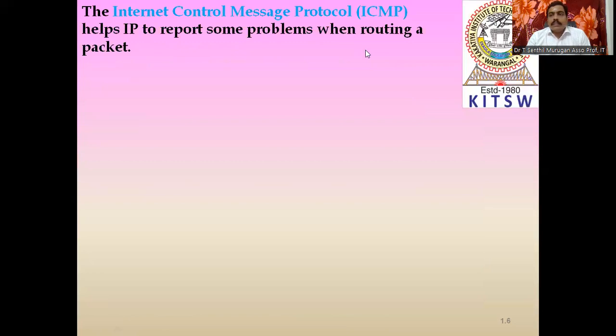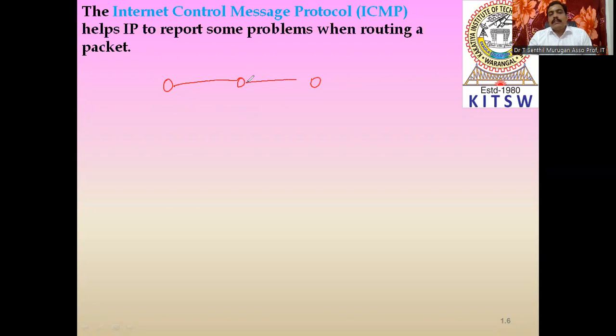In the internet, the Internet Control Message Protocol (ICMP) helps IP to report some problems when routing a packet. When a packet is transmitted in the network, say node 1, node 2, node 3 are there, the packet is routed through the network using the routing information.